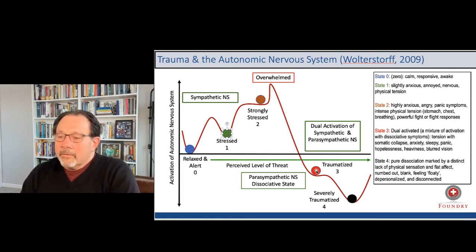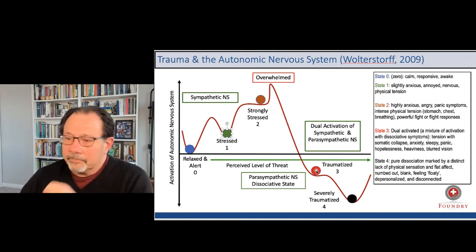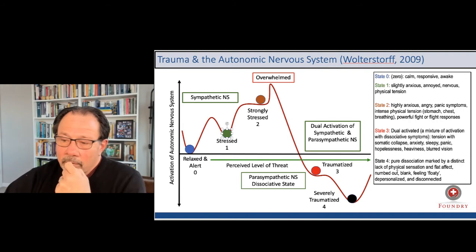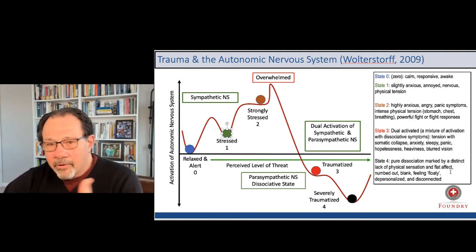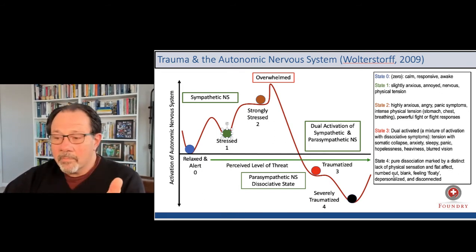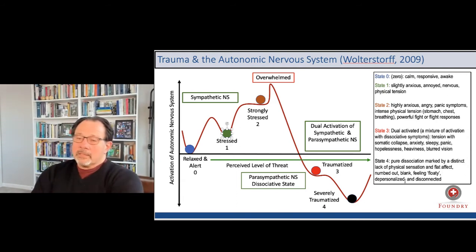And then only individuals that are in a severely traumatized state move into a pure dissociative state where they lack any kind of physical sensations. Their affect or their emotions are really flat. They are kind of numb, blank, floaty. The term we use is depersonalized or disconnected.